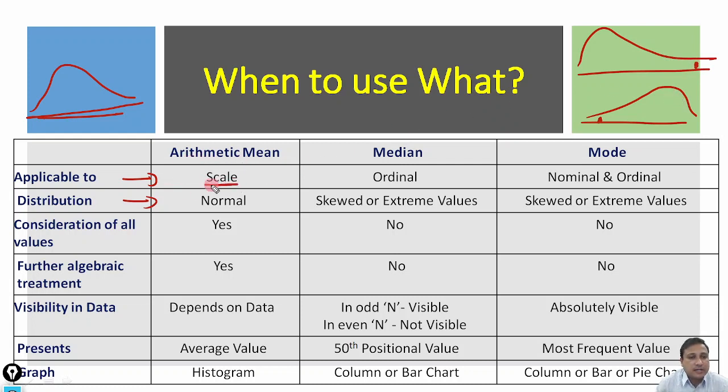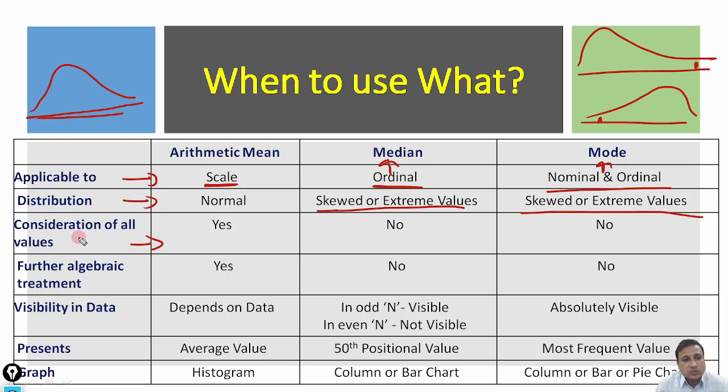If we have the ordinal variable and skewed or extreme values, then we should go for median. If you have nominal and ordinal, and skewed or extreme values data, then we can go with mode.